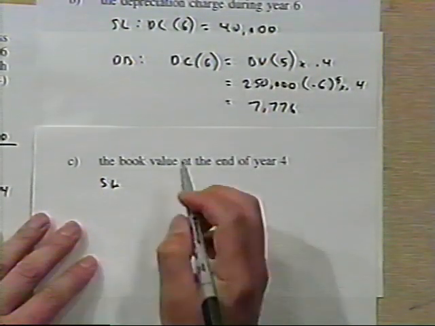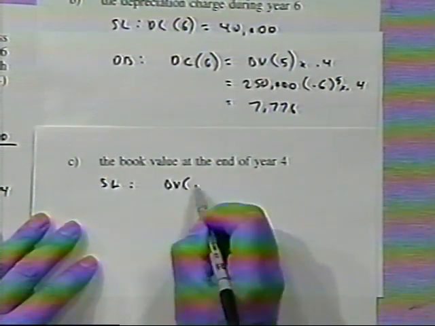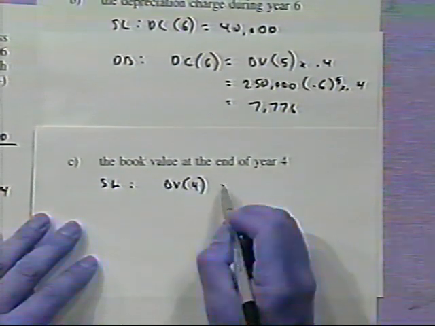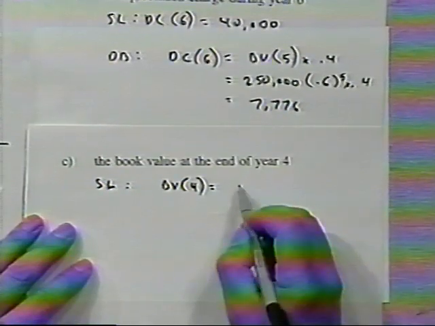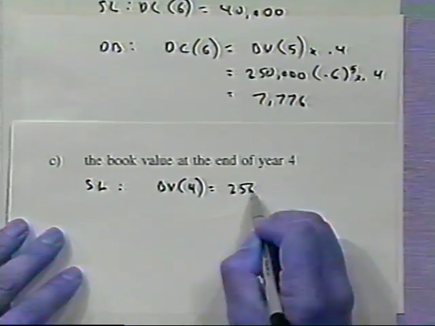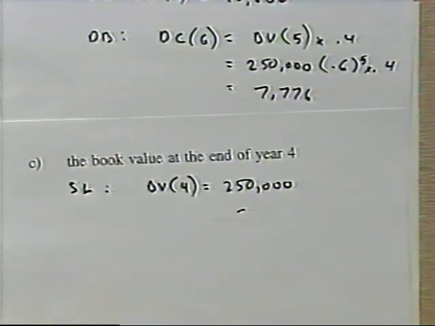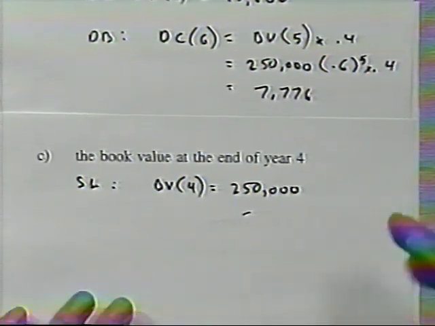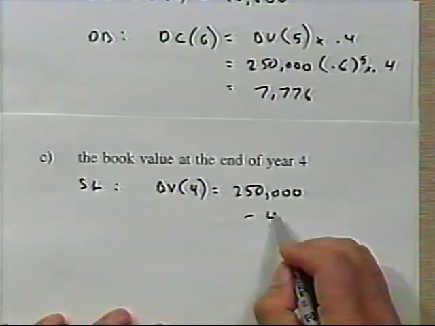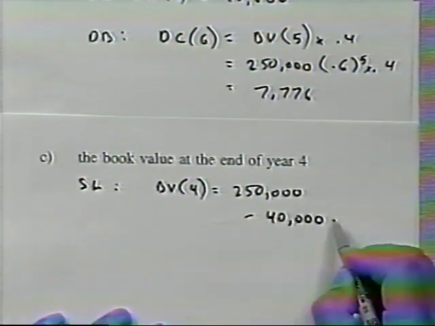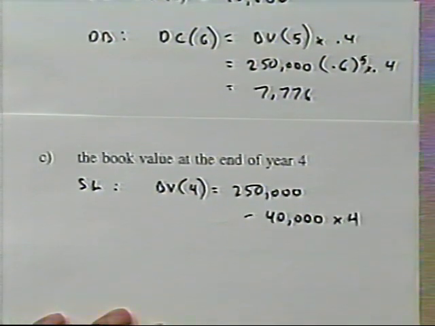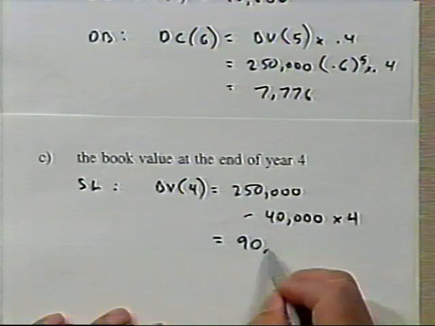Book value at the end of year 4. Under straight line, the book value at the end of year 4 is going to be our first cost of $250,000 minus the depreciation charge over 4 years. We know the depreciation charge is $40,000. Multiply that by 4, and that leaves us with $90,000.